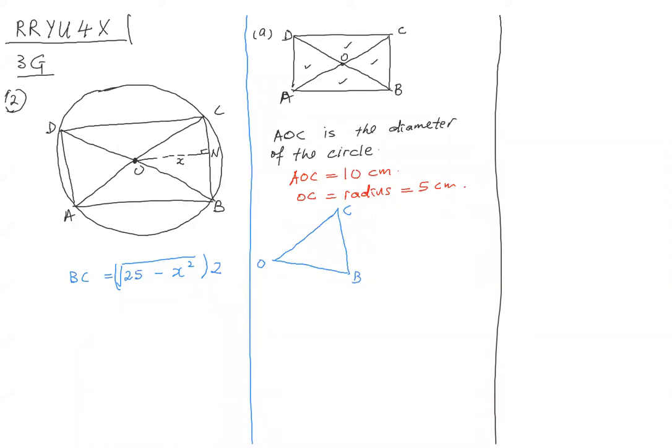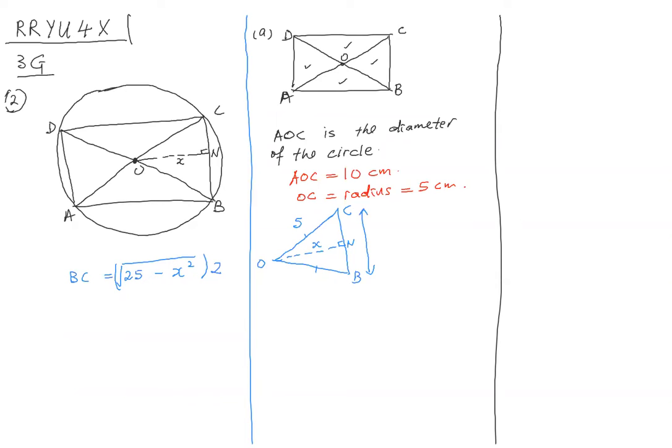OCB. This is the radius, so it's an isosceles triangle. So this is the axis of symmetry. So this is X. Okay, so this is N. If I want to find the area of this triangle, I have to find the length of CB. This is 5 cm.